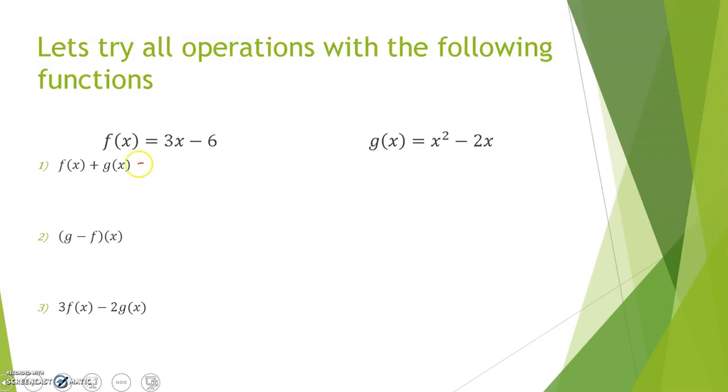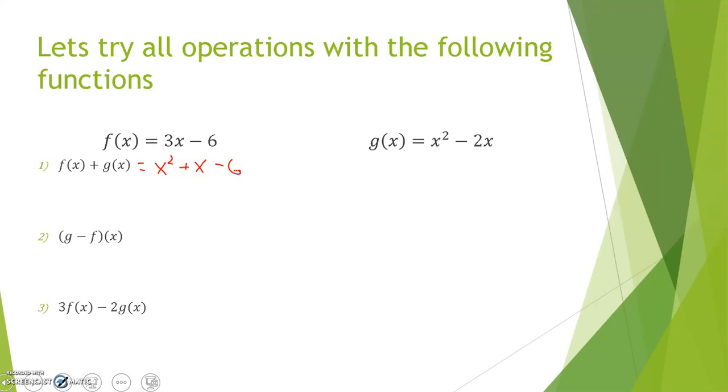So f of x plus g of x is going to be: I have an x squared, but that's the only x squared term I have. I have a 3x and a negative 2x, which, if I put them together and add like terms, is just x, minus 6. So when I add these two things together, what I get is x squared plus x minus 6.